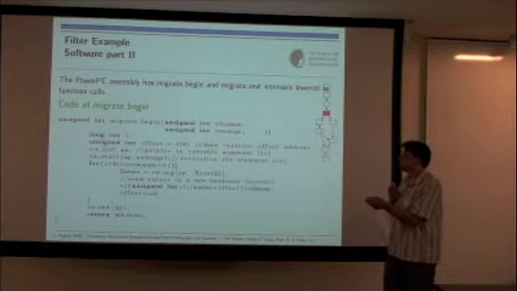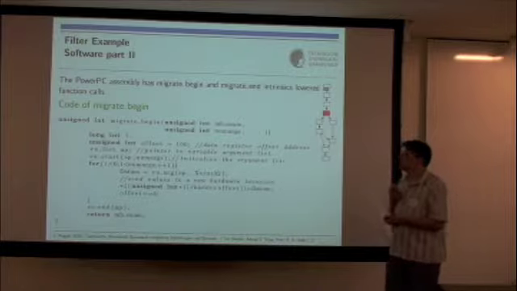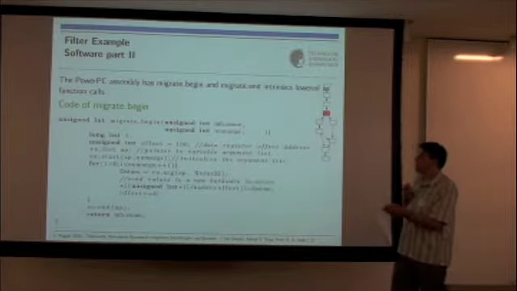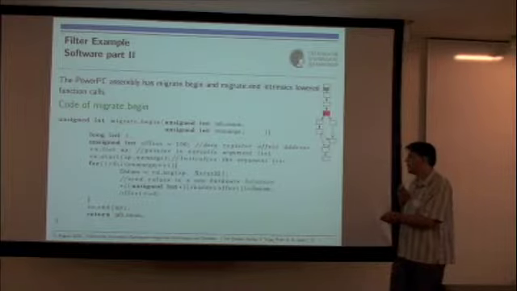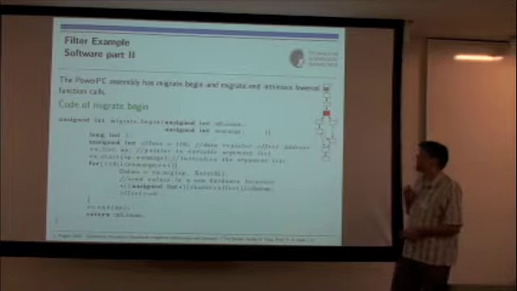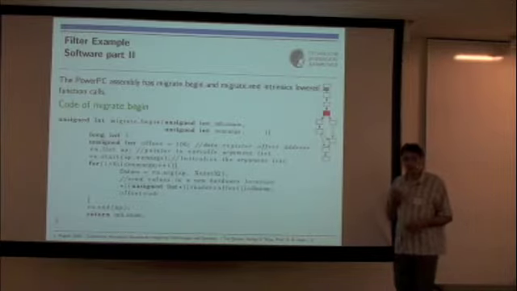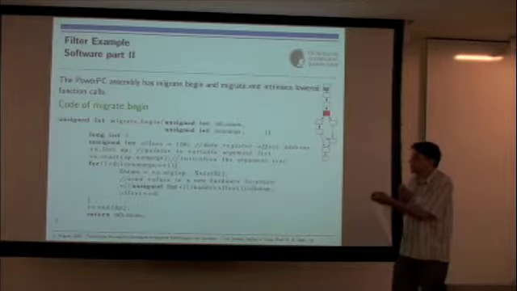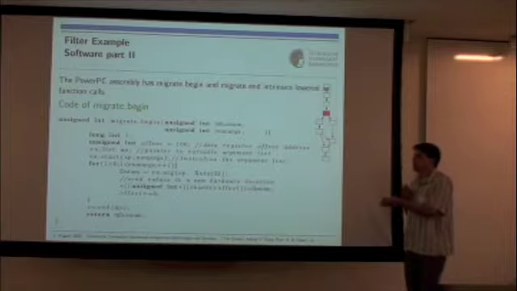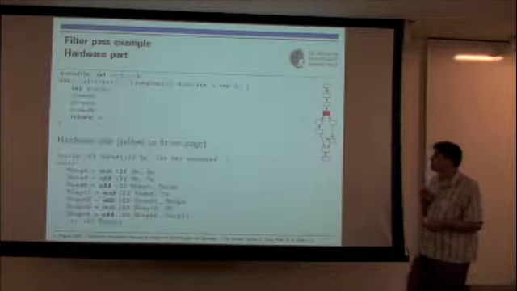Here we have the information at which point we are, so we can set up our hardware in the right way. Then we look for the number of arguments, push the arguments over to the hardware side, and start the hardware backend. So migrate begin is doing a parameter marshalling, pushing it to the hardware and starting it.